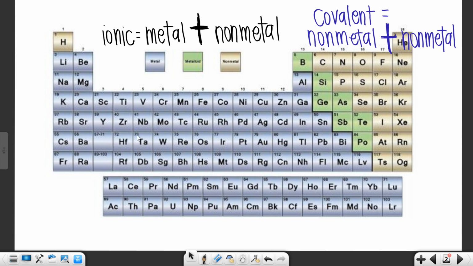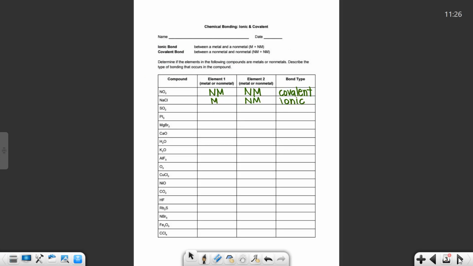So you can see if something from the metal group bonds with something from the nonmetal group, we get an ionically bonded compound. If a nonmetal bonds with another nonmetal, we get a covalent compound. All right? Well, let's practice this.